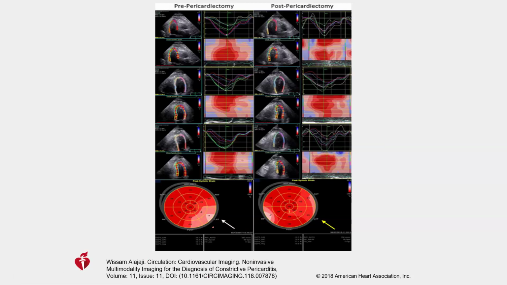This part has low strain. The strain is lower in this part. Why is it lower? Because this is the lateral segment, and the lateral segments are just underlying the pericardium. That's why the strain on the lateral segments is going to slow down.